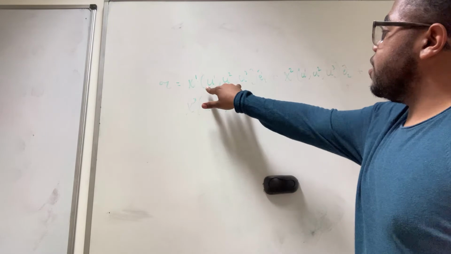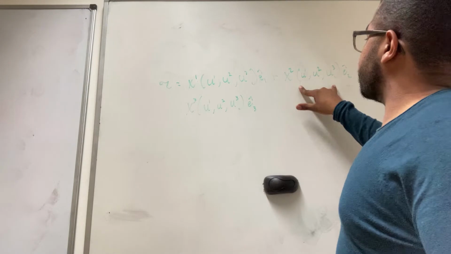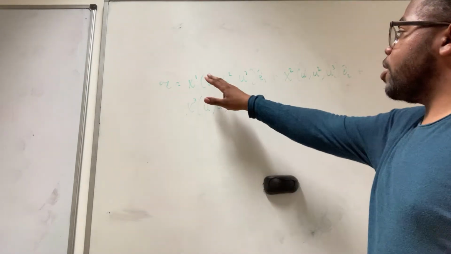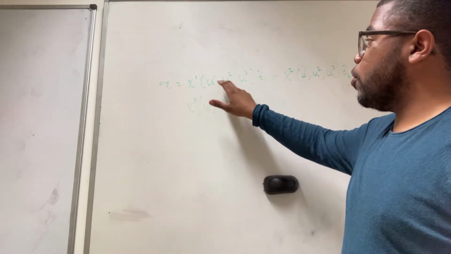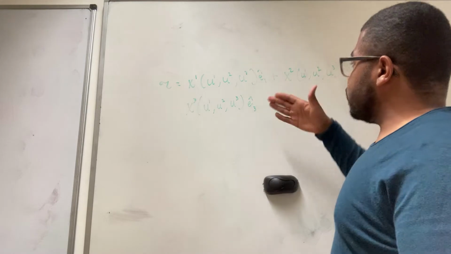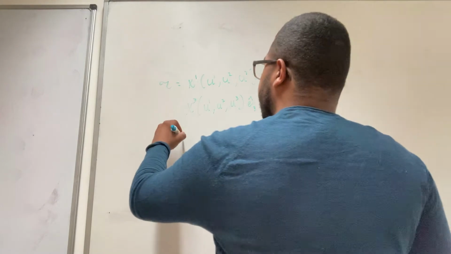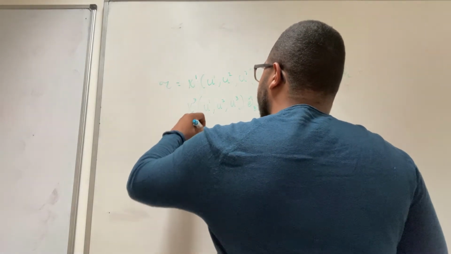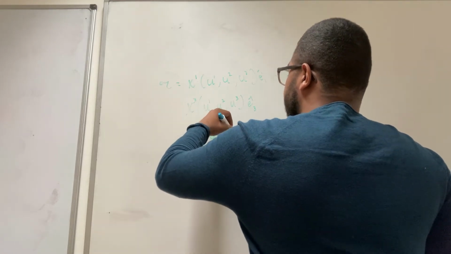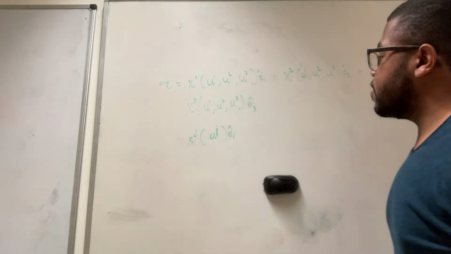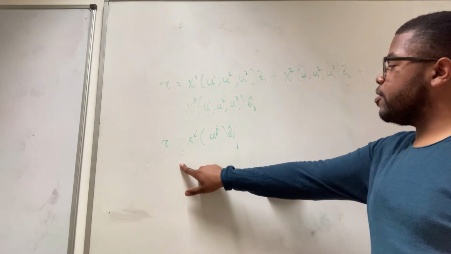We have, in essence, these three components for our position vector. What the things within the brackets indicate is that x^1 depends on u^1, u^2, and u^3, and so on for the others as well. So using a little bit of index notation, we can write this more compactly as x^i, and within the brackets a different index, u^j, e_i hat, in essence. So this right here would be our shorthand notation for the position vector.